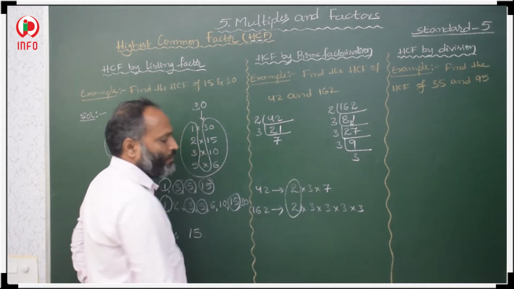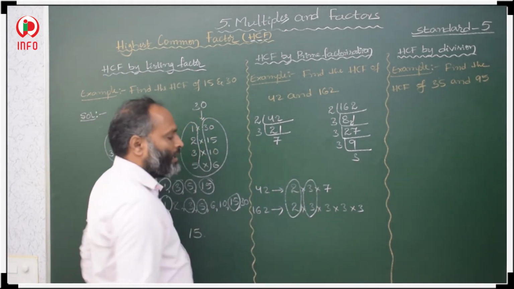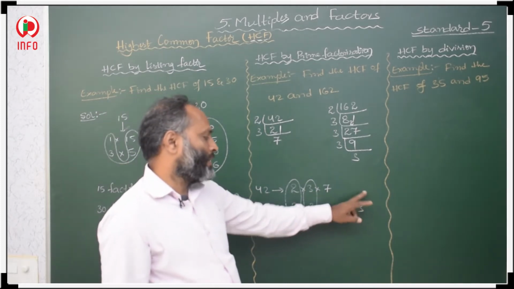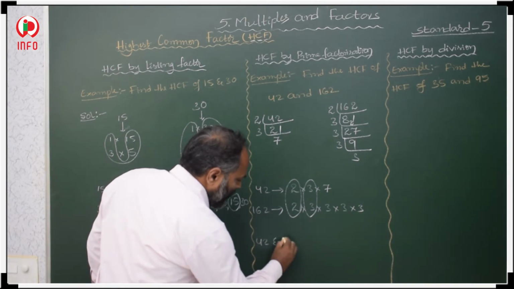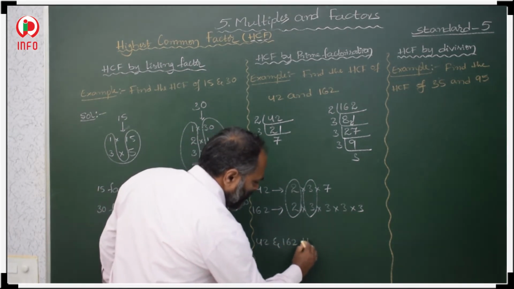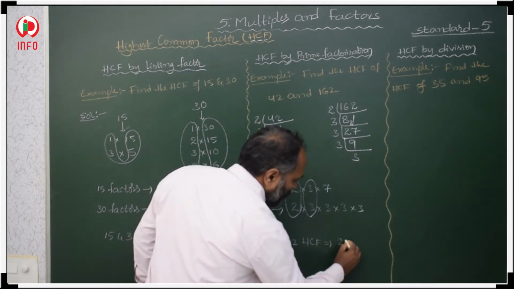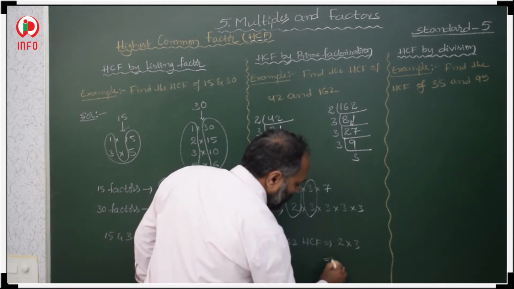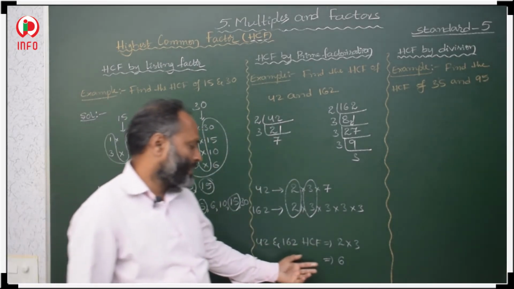This 2 is common, and this 3 is common, and here 7 is there, no 7 in this one. So the HCF of 42 and 162 is equal to 2 into 3. 1 2 and 1 3 is common, 2 3s are 6. This is the HCF of 42 and 162.